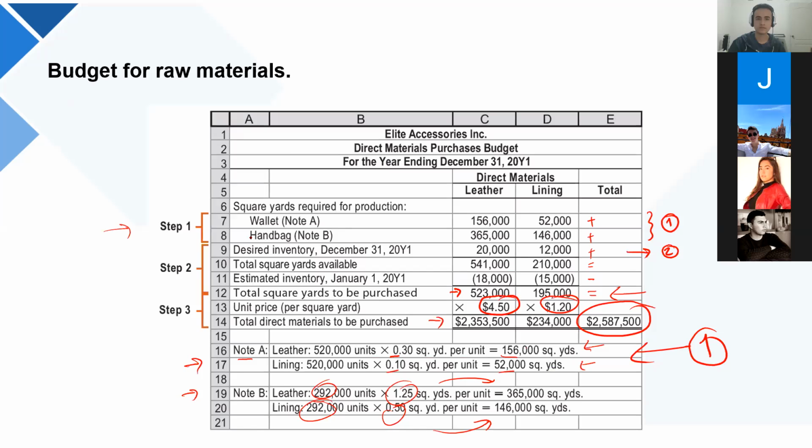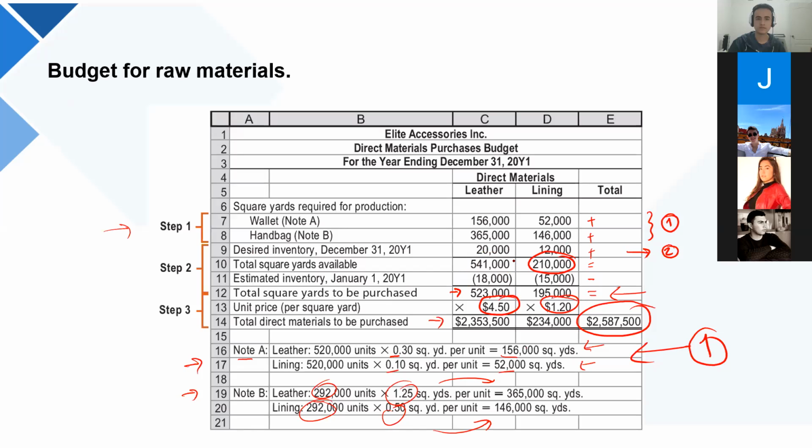It's the ending inventory. It's not ending per se because it's not a reported inventory, but it's the expected, desired, wished ending inventory. It's the inventory you want to have at the end of the period. I add them up, and I have the units of raw materials I need, including inventory and production.